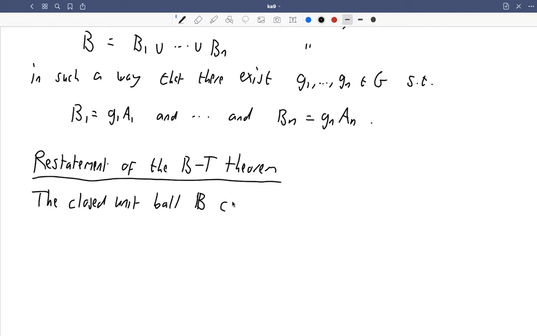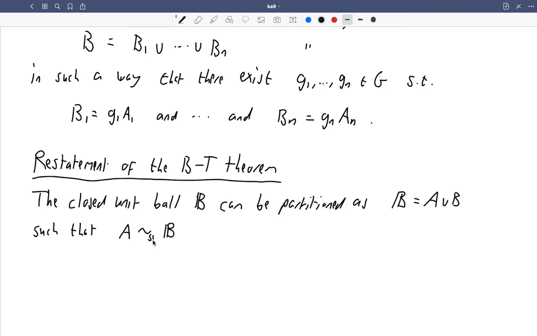can be partitioned into two. I'm just going to put A union B, where here A is the union of all the A pieces we had before, and B is the union of all the B pieces we had before, such that A is equidecomposable with the unit ball under the group SE3 of rigid transformations, and B is also equidecomposable under SE3 with the unit ball.